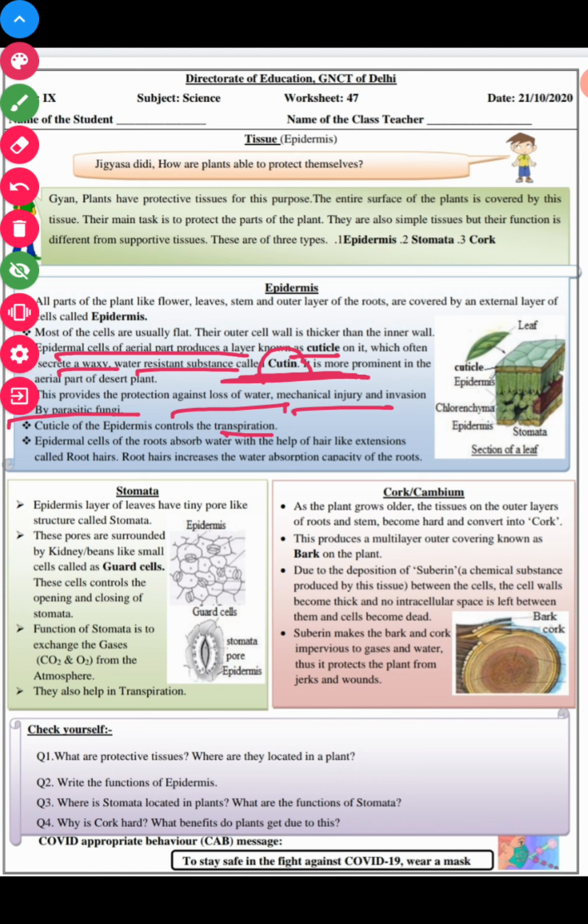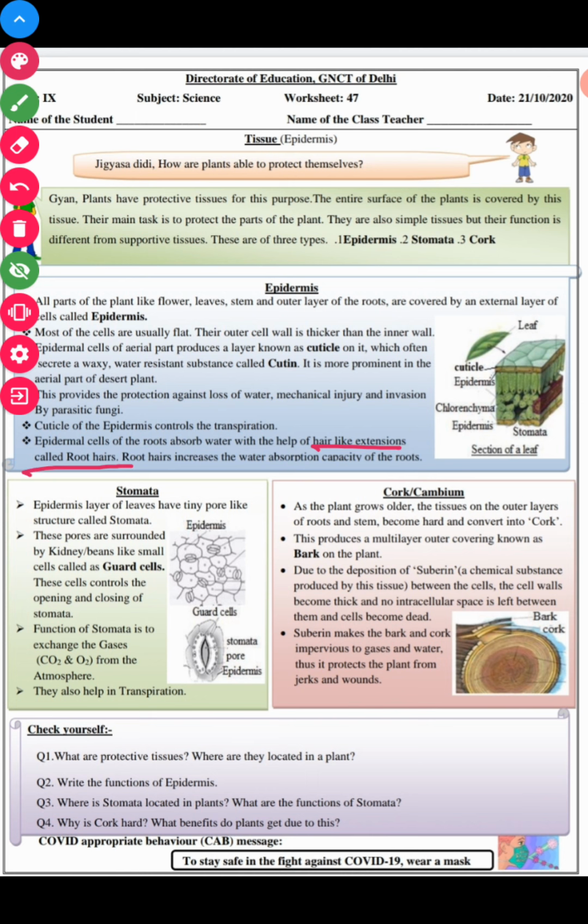What is transpiration? Transpiration is the loss of water from the surface of the plant. As you already know, the cuticle produces a waxy substance which is water resistant, so the cuticle of the epidermis controls transpiration. The epidermis cells of the root absorb water with the help of hair-like extensions called root hair.